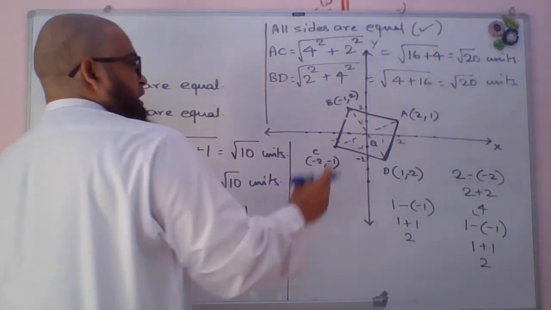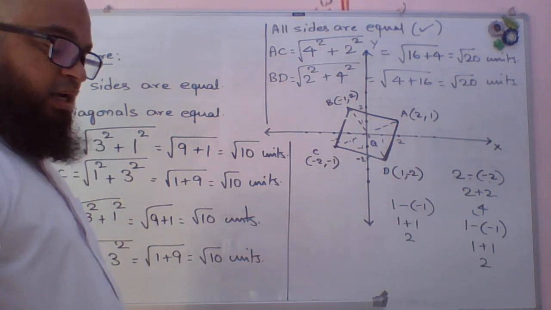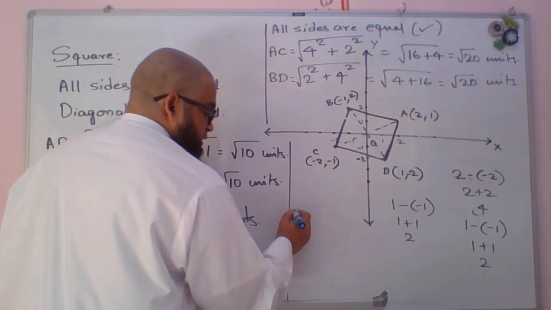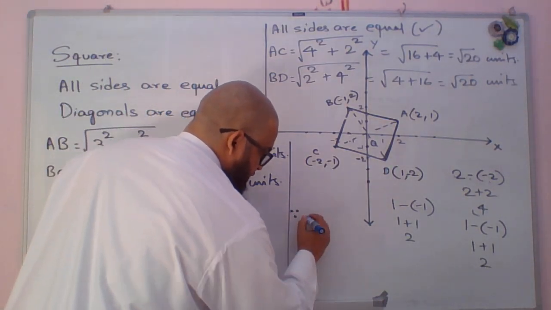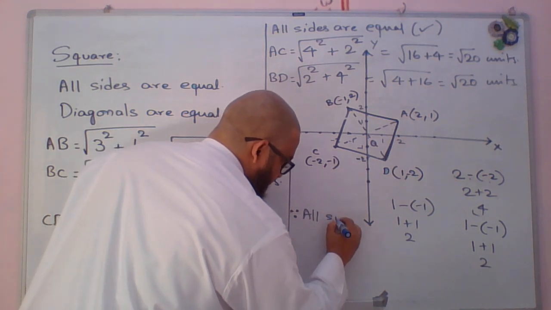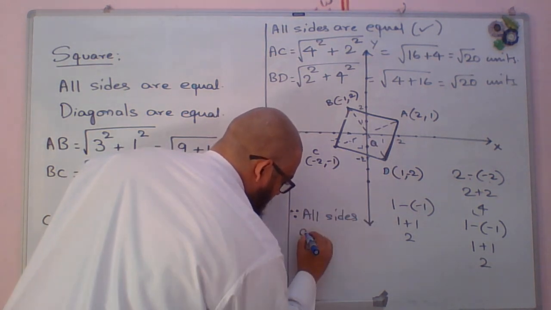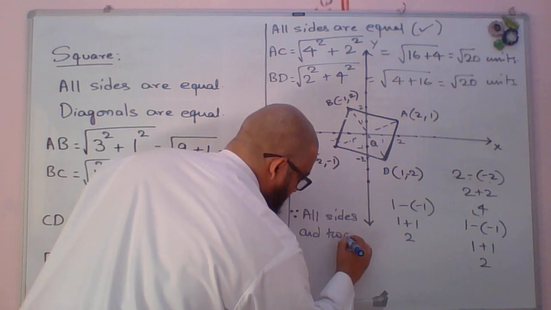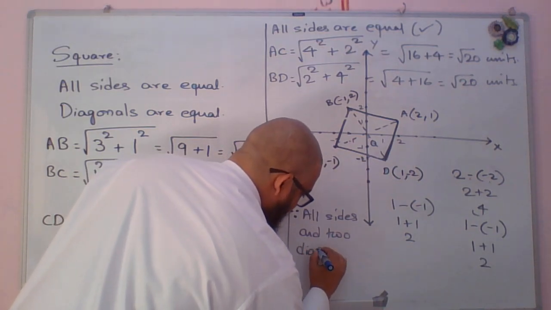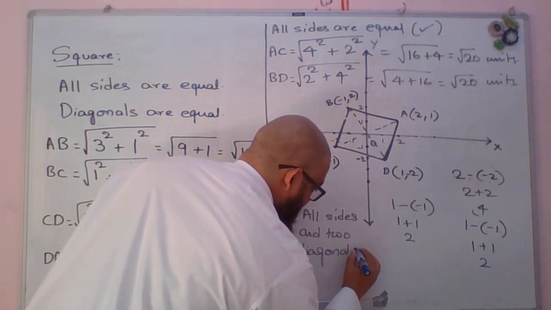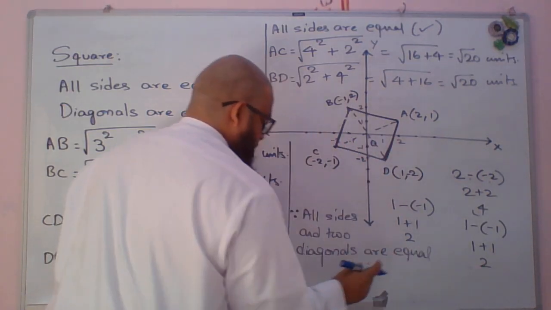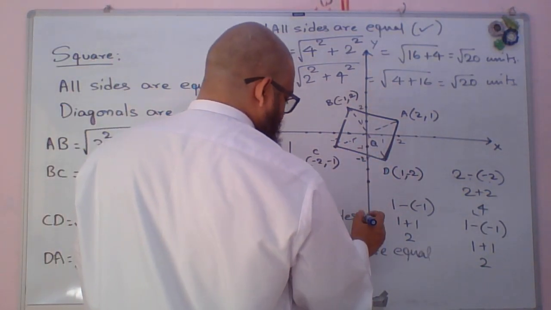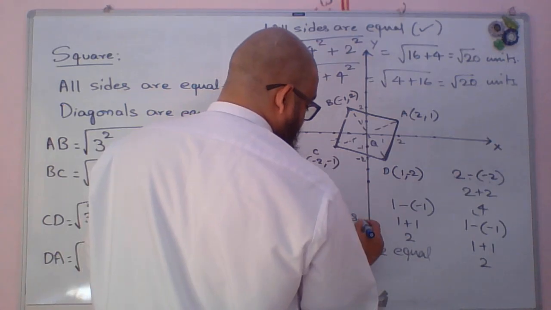So what did we get here? We got that diagonals are also equal. Now therefore, since all sides and two diagonals are equal. All sides are equal, so let us write like this.